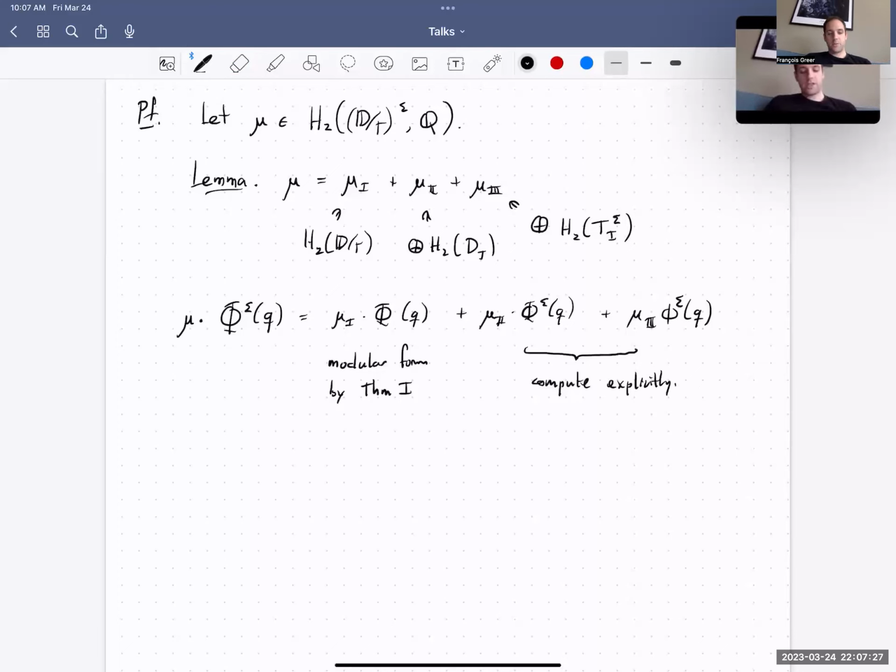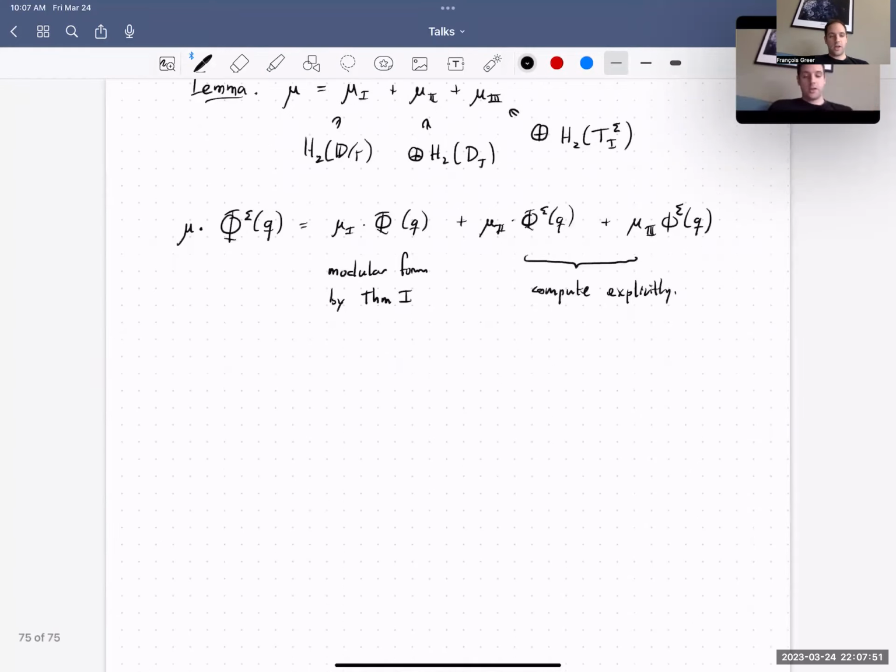But the point is that computation, whatever it is, occurs completely inside the boundary because I'm intersecting a test cycle supported on the boundary with a bunch of divisors which are meeting the boundary transversely. So I just need to describe what the limits of these Noether-Lefschetz cycles are in the boundary of our compactification.